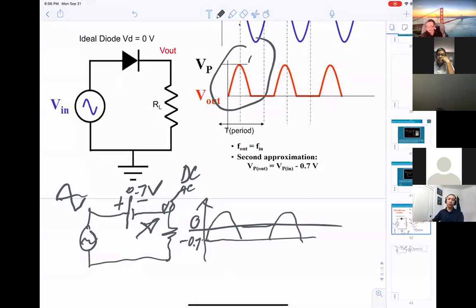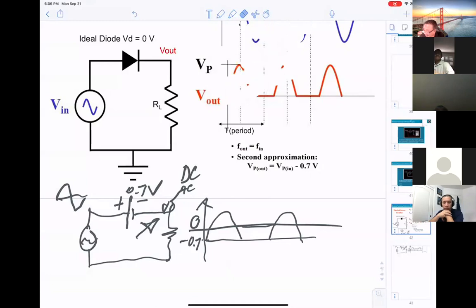Now, if I want to calculate the V peak, looking from here, ideal V peak goes from 0 to the top. However, when you get a 0.7 volt drop, V peak will be going from here to here. So that's why they say take the V peak minus 0.7.